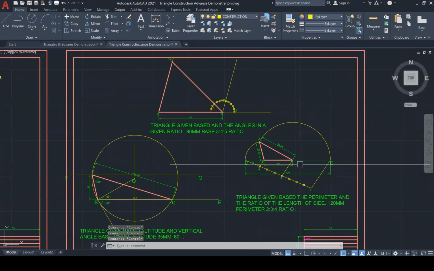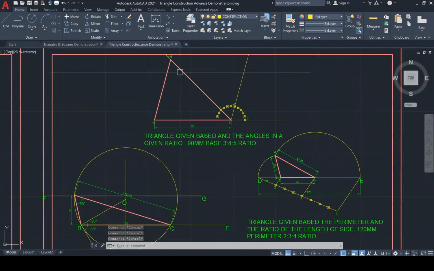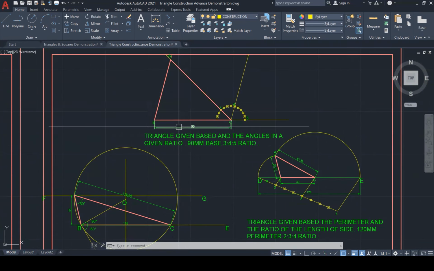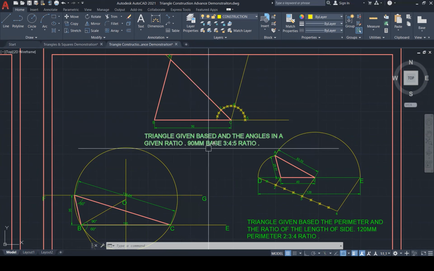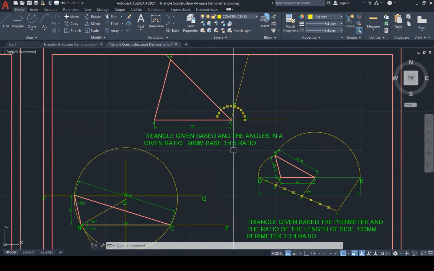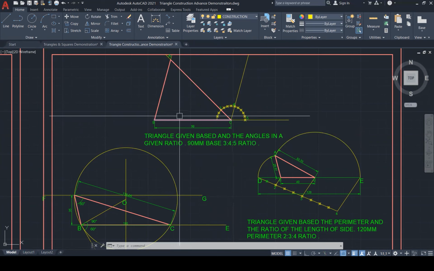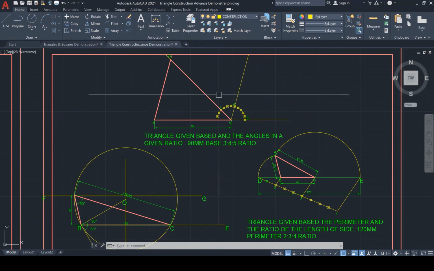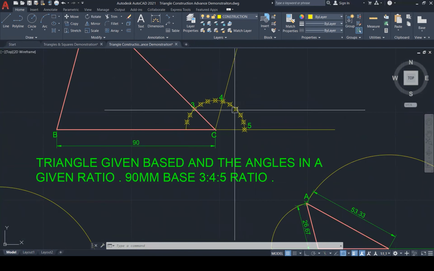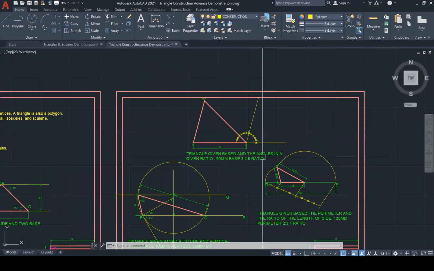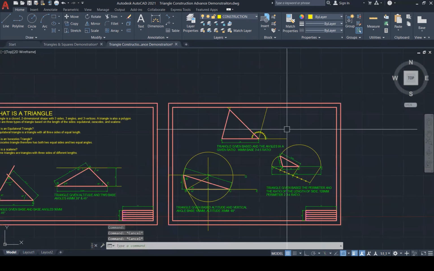Yeah, good. This last one, triangle given the base and the angles in a given ratio. 90 mil was the base, and the ratio was 3 to 4 to 5. So what we did is we created the construction line, and then we created the ratio within the angle here, 3, 4, 5. All right.